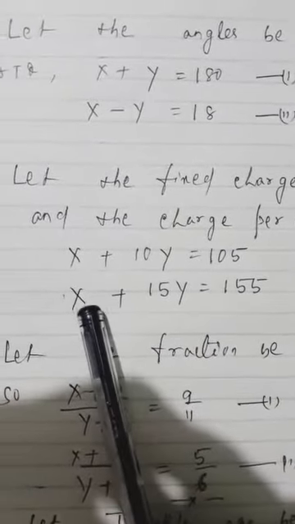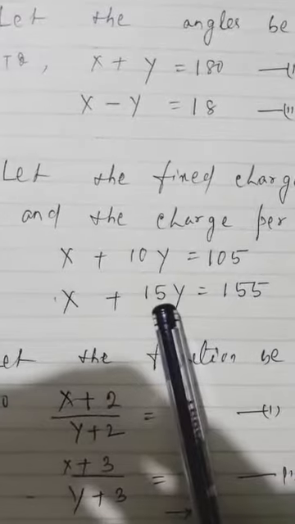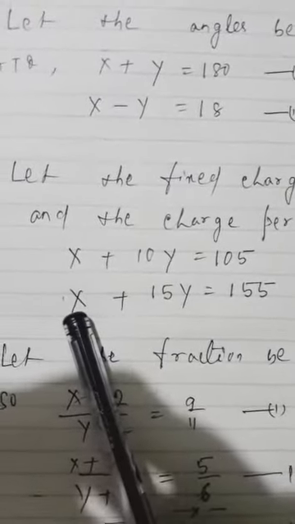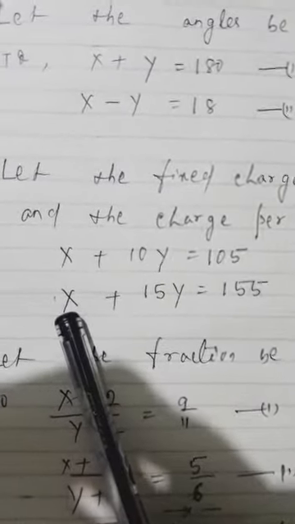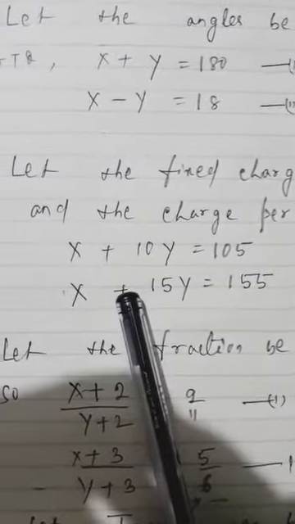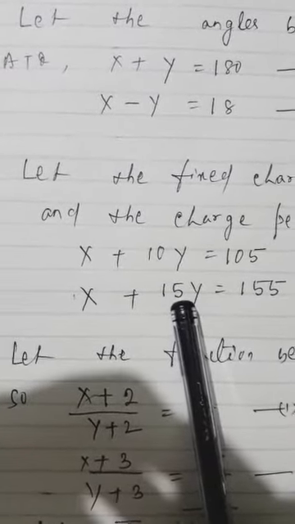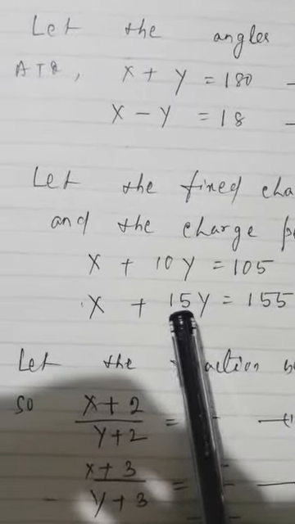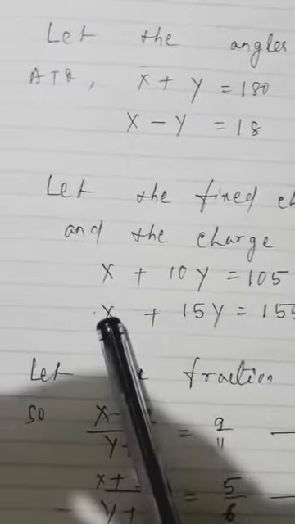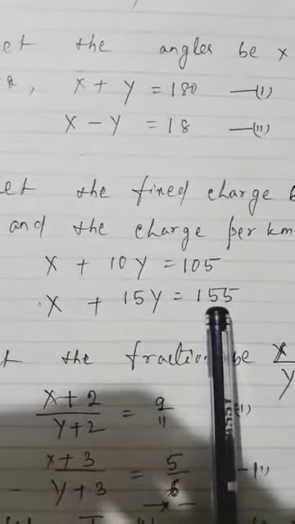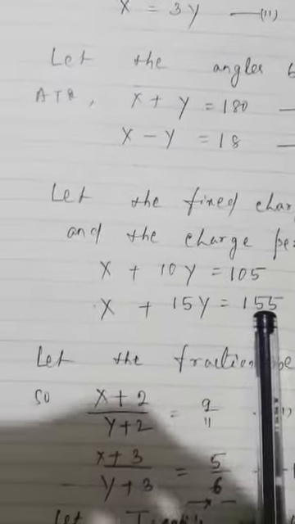Similarly, whenever someone travels 15 kilometers, x rupees the fixed charge he has to give. In addition to that, per kilometer the fare is y rupees. So for 15 kilometers that is 15y rupees. So x plus 15y equals 155. That is your second equation.